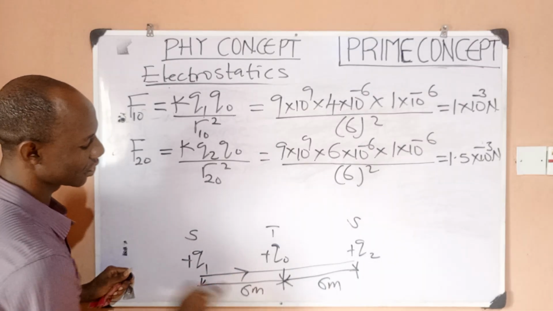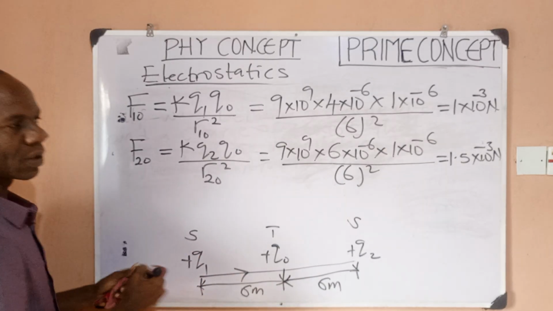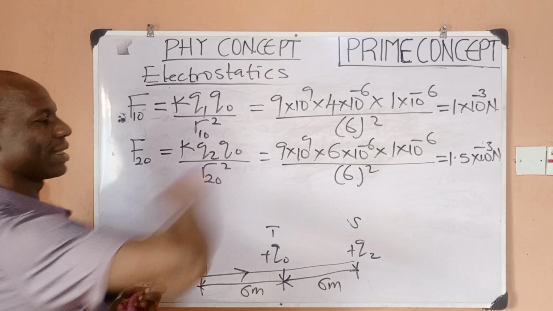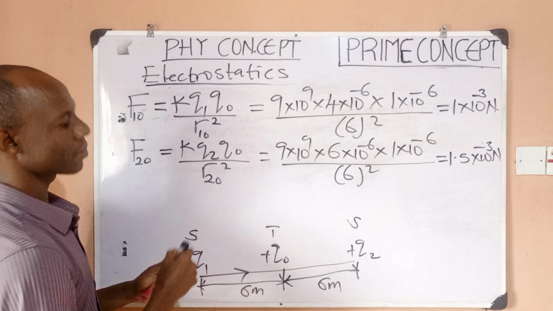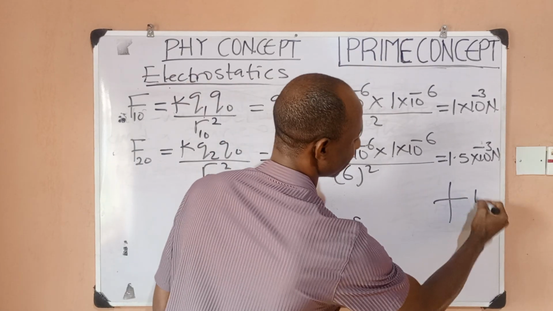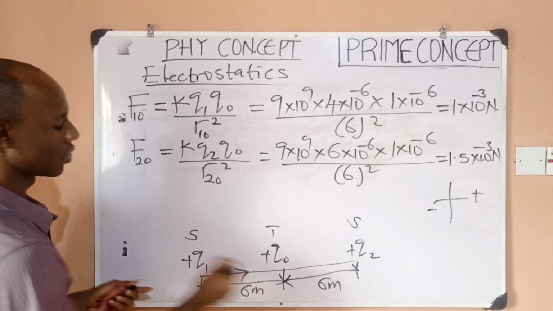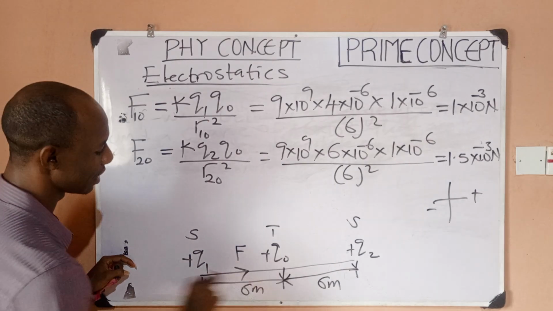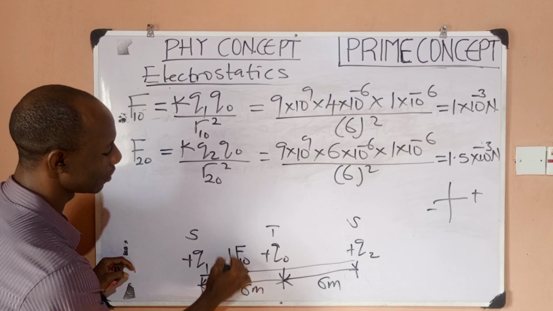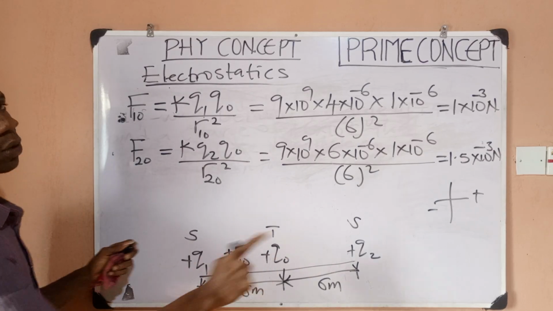I also mentioned that anything pointing forward, according to our Cartesian coordinate, is positive, and backward is negative. So my force here, F10, is going to be positive because it's pointing forward, right?